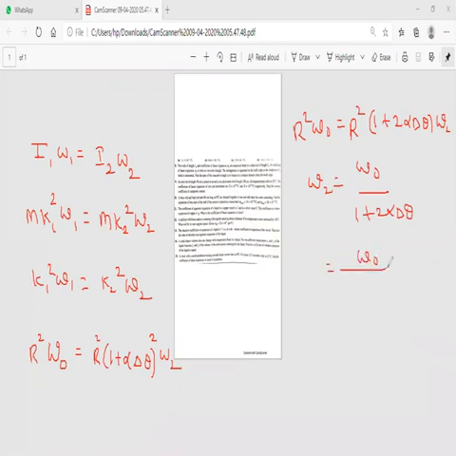So omega naught by 1 plus 2 into alpha. Alpha value is given 2 into 10 power minus 3. So then 2 into 10 power minus 3 will be 4 into 10 power minus 3 into delta theta is 100.